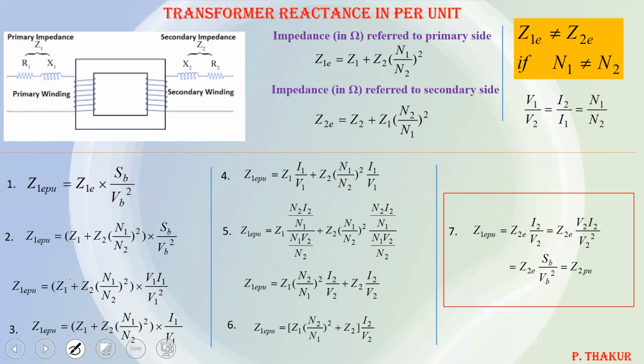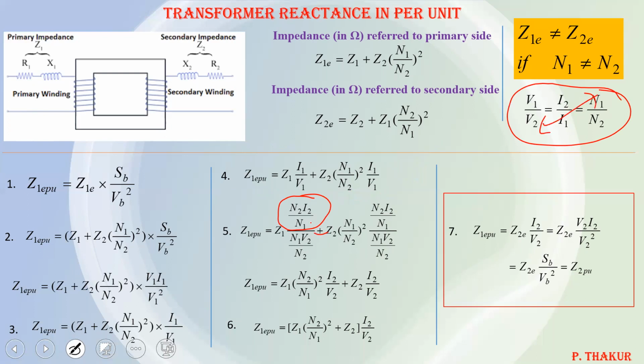Now you will have to use this relationship. What is I1? From here you can see I1 is I2 N2 divided by N1. And what is V1? From here you can see V1 is N1 V2 divided by N2.